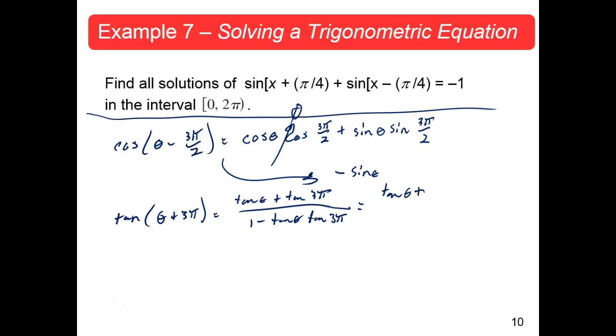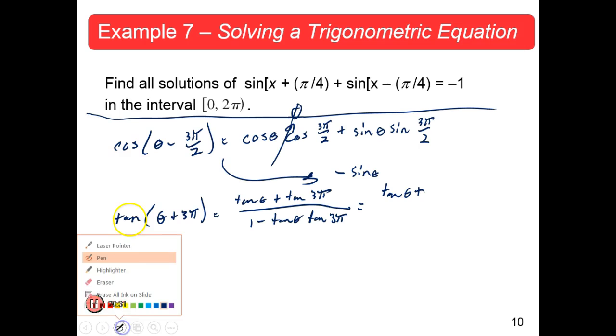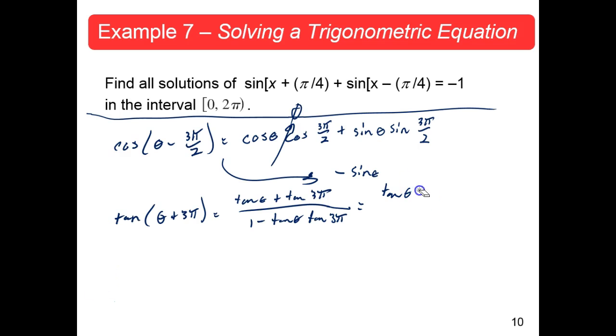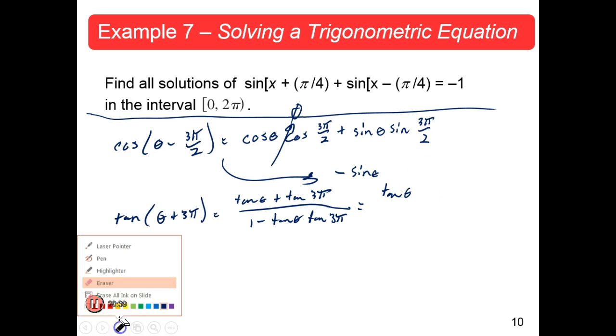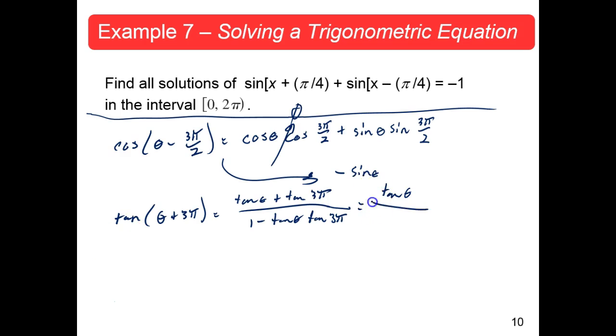So we have a tan theta in the numerator. That's all that's left there. So I'll try to erase my plus sign, okay? And what goes in the denominator? 1. So what is your answer? Tangent theta.